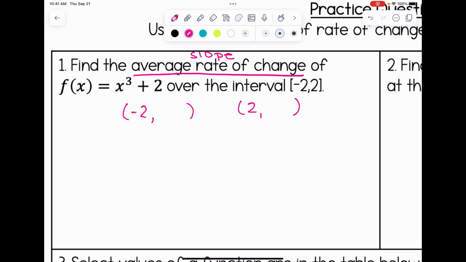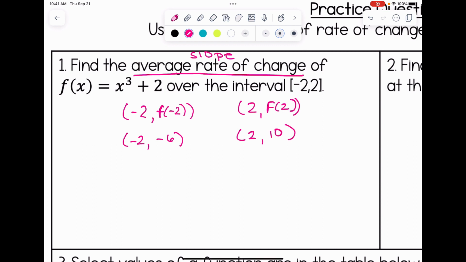Think about how we do that. Well, we can plug the point into the function. And let's actually figure out what that is. So f of negative 2, that would be negative 2 cubed, so that's negative 8, plus 2 is negative 6. F of 2, 2 cubed is 8, plus 2 is 10.